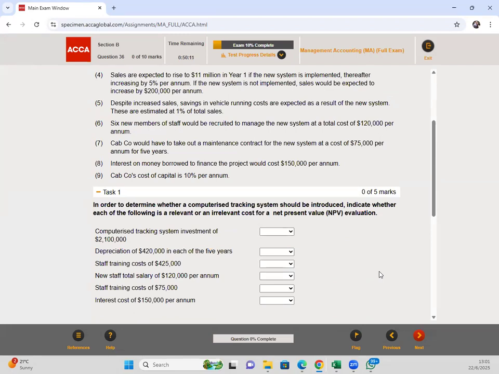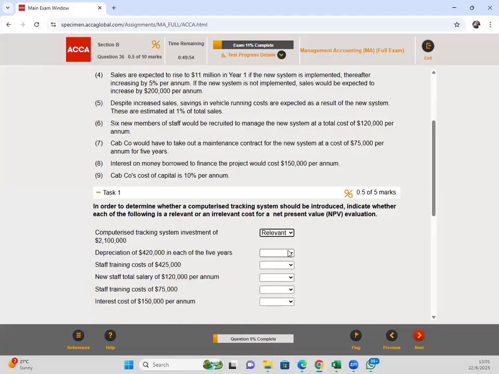What's your take on that, please? Would it be relevant? It's relevant because it's a future cost. It would cost. So because it's a future cost, it is relevant.